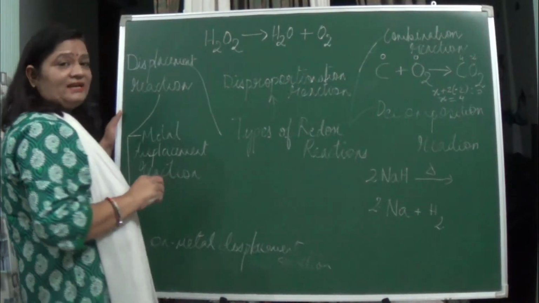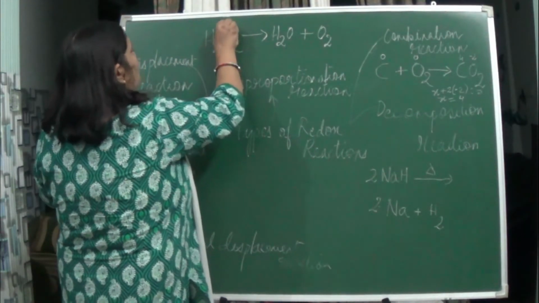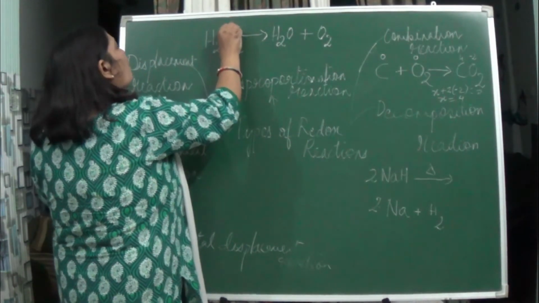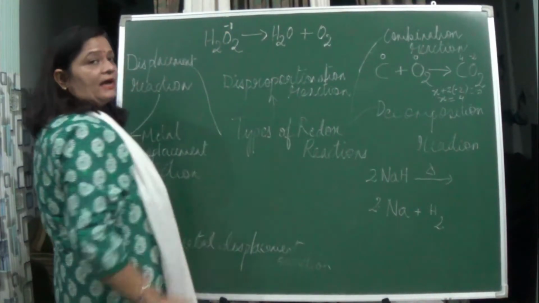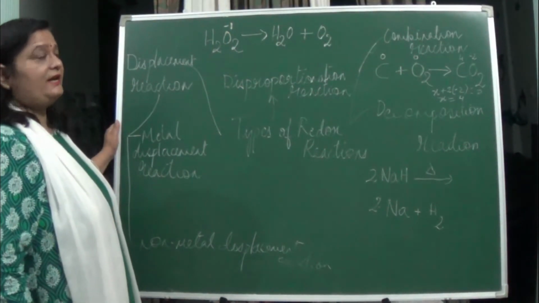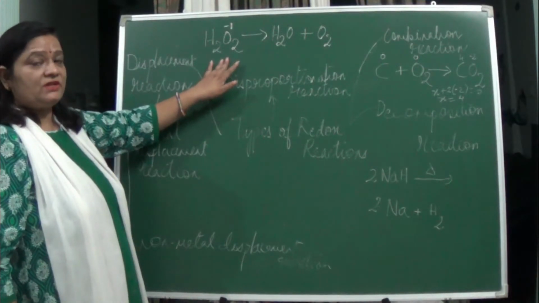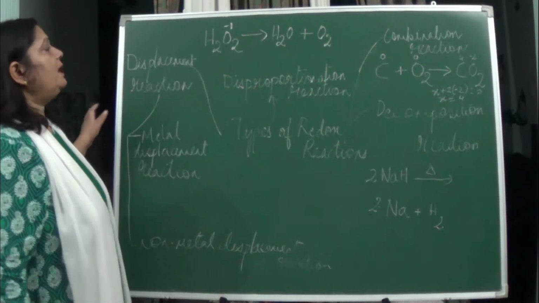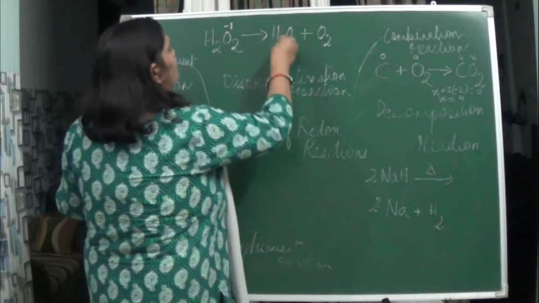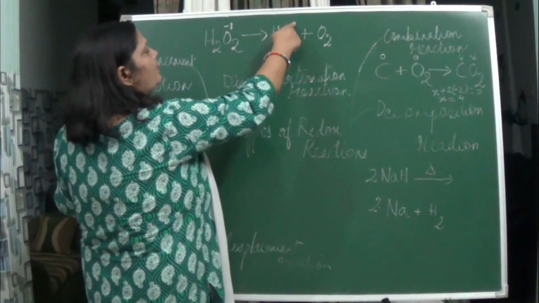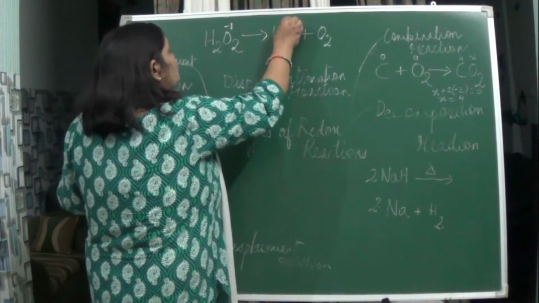In H2O2, hydrogen peroxide, the oxidation state of oxygen is minus 1. I said to you, in peroxides it has the oxidation state of minus 1. For water, let us calculate: it is minus 2.